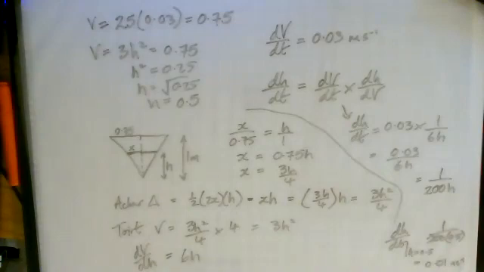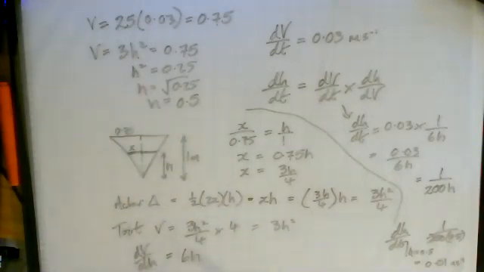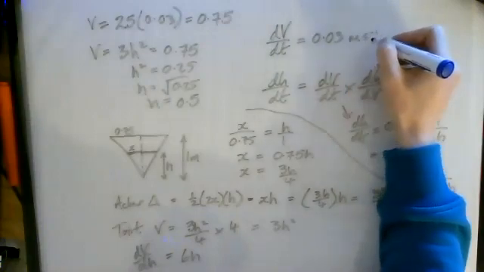So the Grindbook helps with tough questions, especially trying diagrams and pictorial ones. Then the question: the rate of volume was 0.03 meters per second.